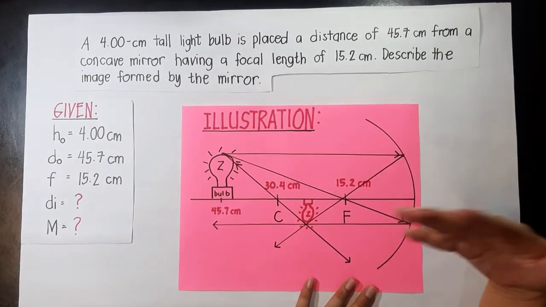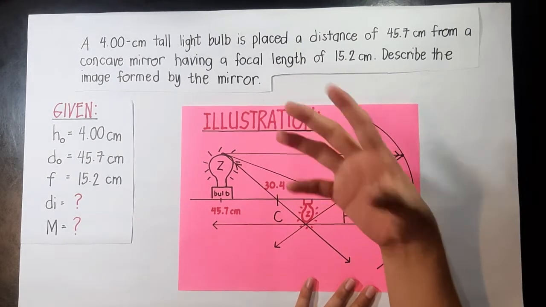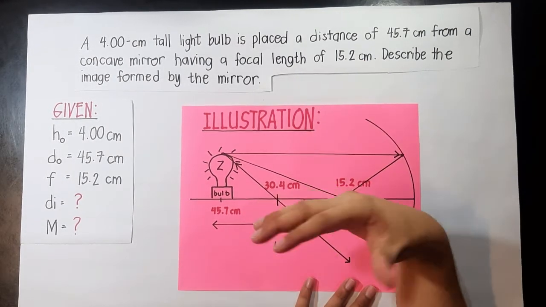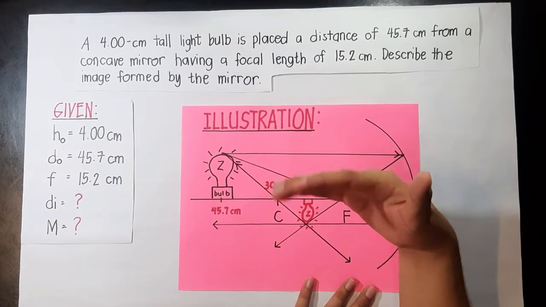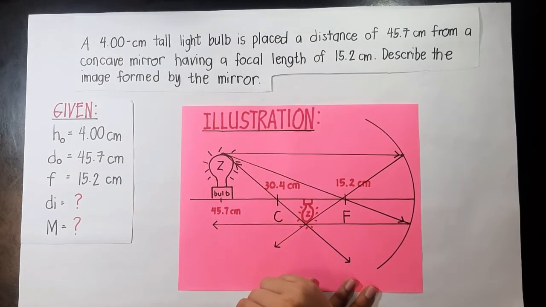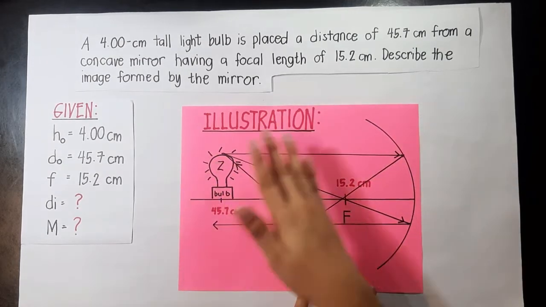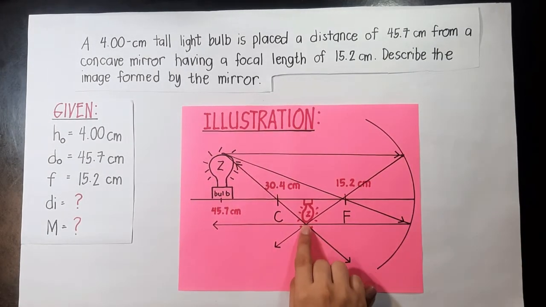So, kaya gaya ng sinabi ko kanina, ito yung dalawang process na pwede nating magamit to describe the image formed by a spherical mirror, particularly the concave mirror. So, kung ginawa ko siya lahat at ang lumabas na image natin ay nandito. So, this image is somewhere between 15.2 cm and 30.4 cm.